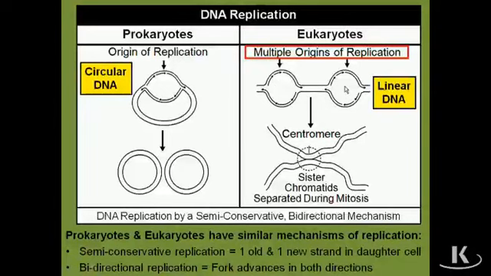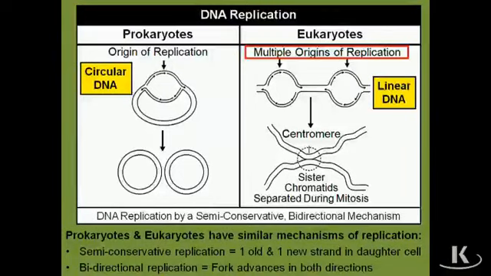Sometimes these origins of replication are called replication bubbles, because when you look at them under the electron microscope, under high enough magnification, they look like little bubbles of DNA that are opening. Because eukaryotic genomes are so large, you need multiple origins of replication, otherwise you never get the complete genome duplicated. So, bacteria, single origin of replication; eukaryotes, multiple origins of replication.